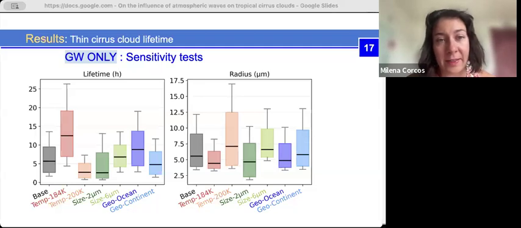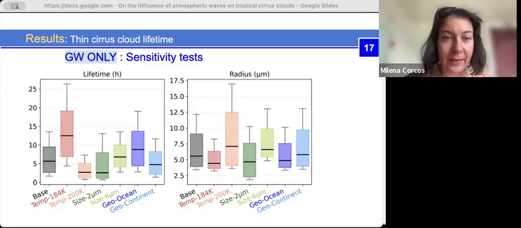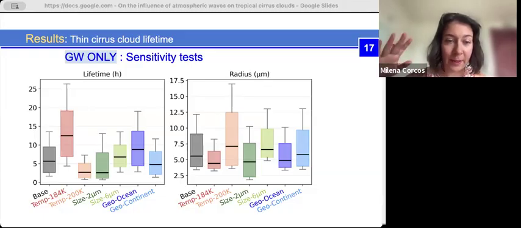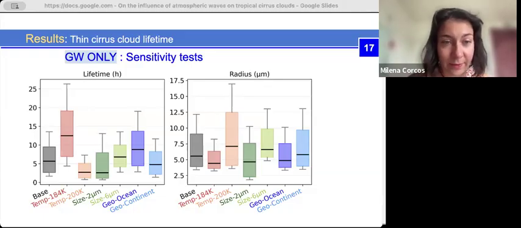So the strongest sensitivity, as you can see, is really to temperature. In colder TTL conditions, clouds live roughly twice as long as in the base case, and conversely for warmer conditions. For the crystal size, we can understand easily that larger crystals are more resistant to complete sublimation from the gravity waves, and so they can survive longer.